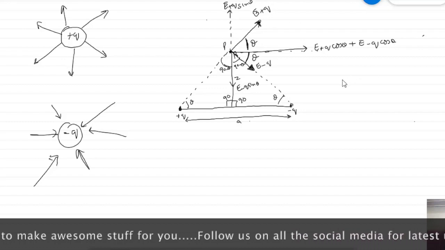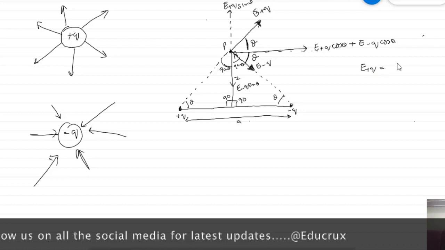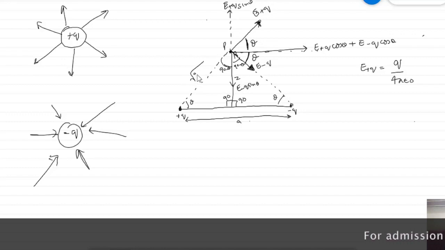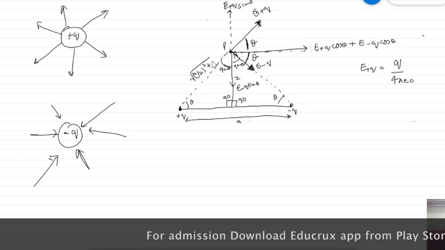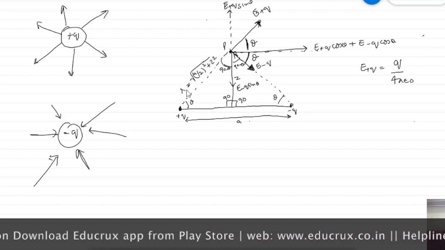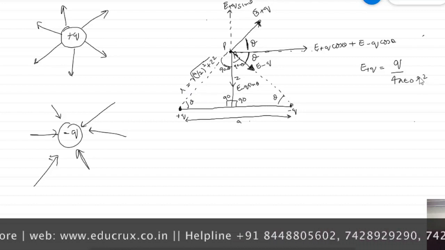So let's calculate E plus Q. E plus Q is equal to Q upon 4 pi epsilon naught, and if this is a, this is z, so this is equal to a by 2 whole squared plus z squared. Let's call this distance R, so this is equal to R squared.